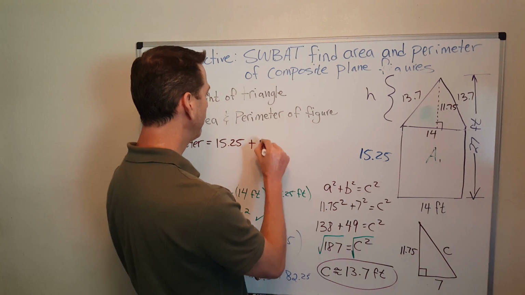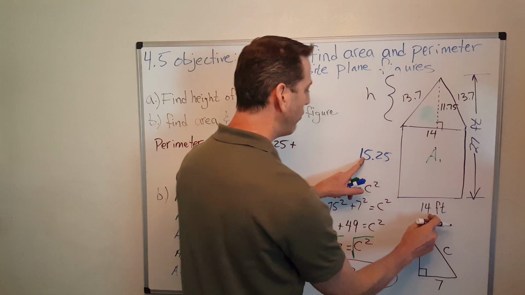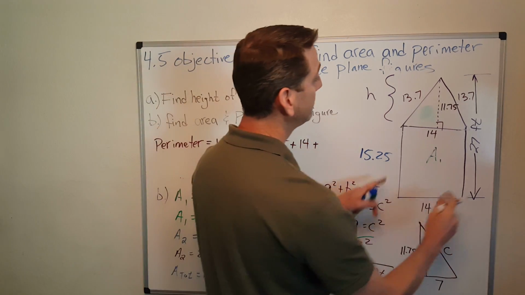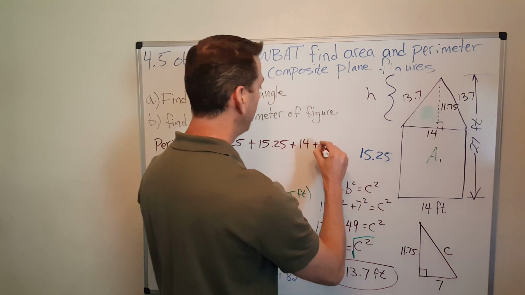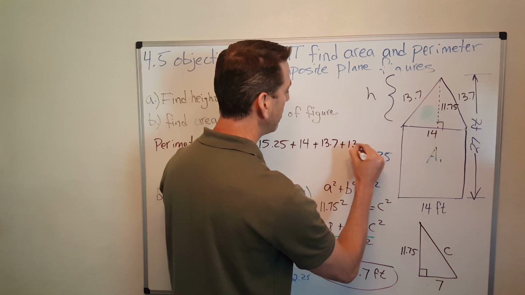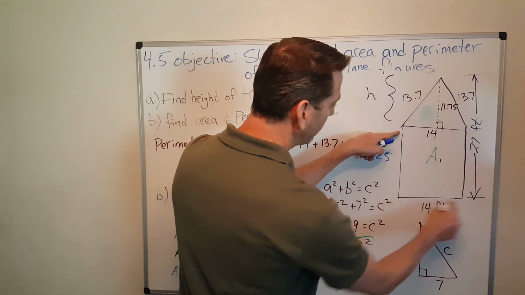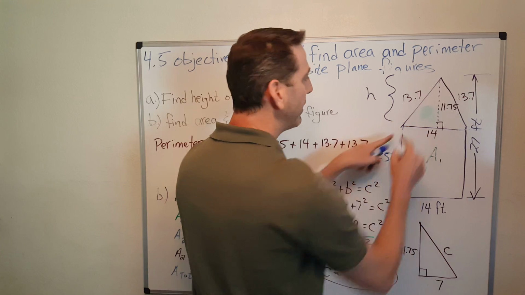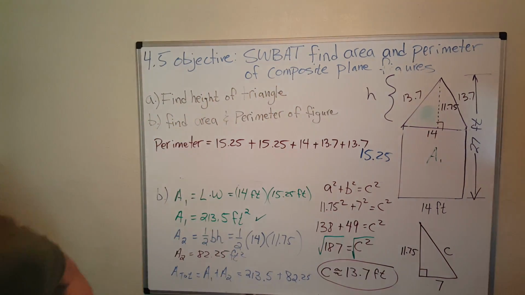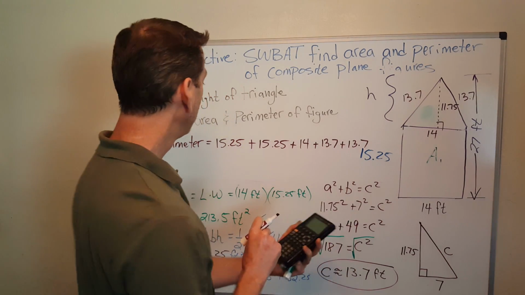So another 15.25 plus 14 plus 13.7 plus 13.7. All right, so that's this plus this plus this plus that is the total distance around. So now I just have to add all of these together, and for sake of time, I'm just going to go ahead and do that with a calculator.